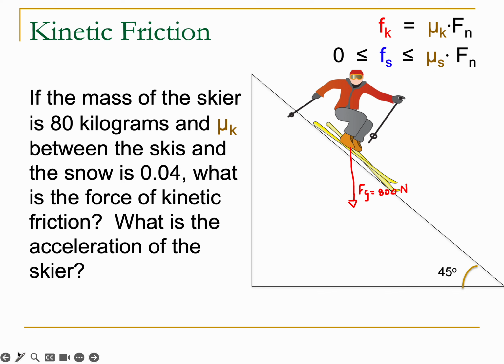If we break those into two components, you'll discover that the component that's perpendicular and the component that's parallel to our slope are going to be the exact same magnitude. What are they going to be? If you do your trig real quick, this angle here is 45 degrees. They should be about 566 newtons each. Double checking my numbers, yes.